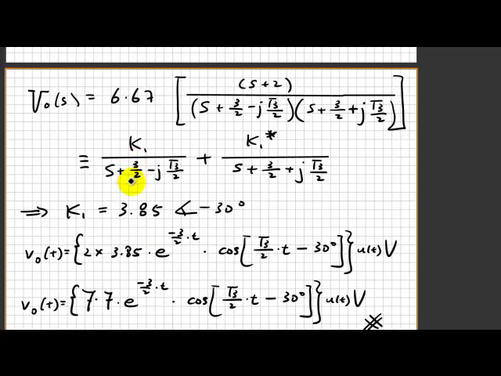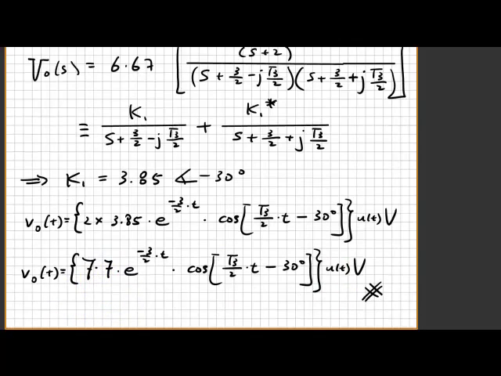That comes from the real part, multiplied by cosine of the imaginary part, which is square root of 3 over 2 times t minus 30 degrees. If you copy the whole thing here and multiply 2 times 3.85, that gives you 7.7. And this is the final solution to the 14.40 question. Hope this helped.